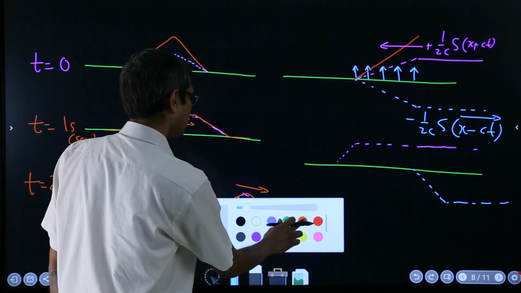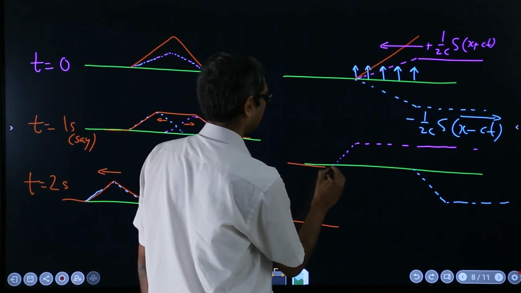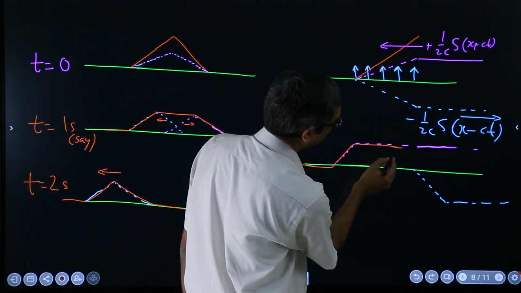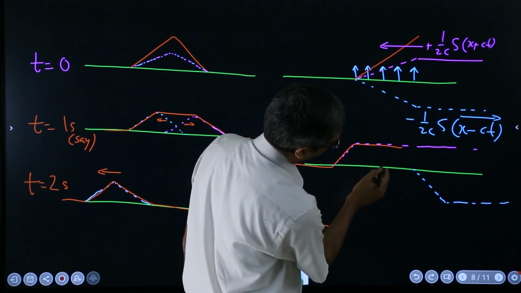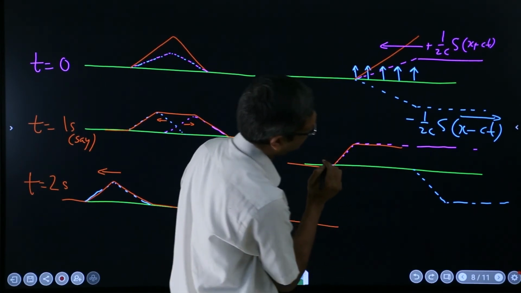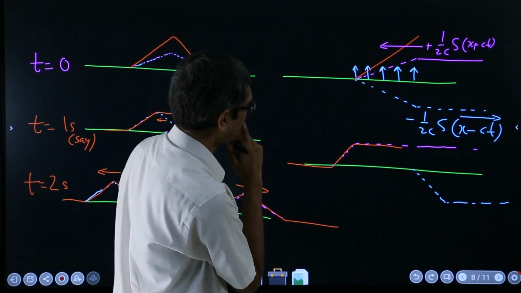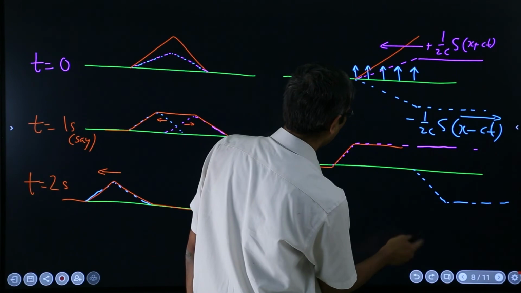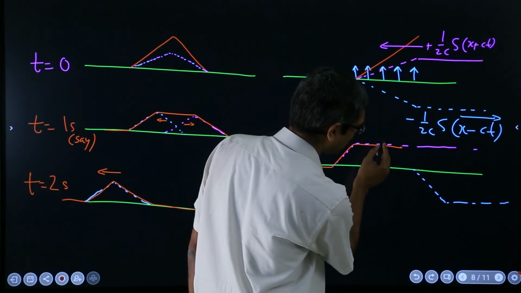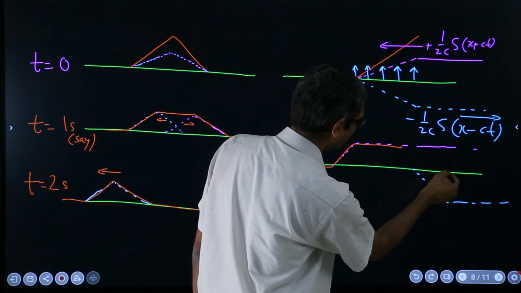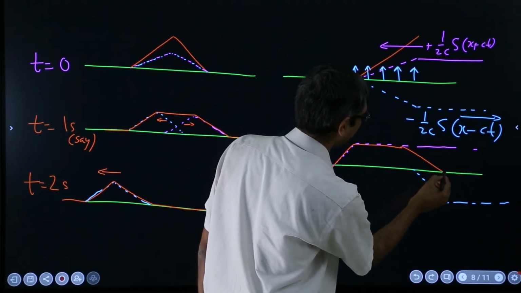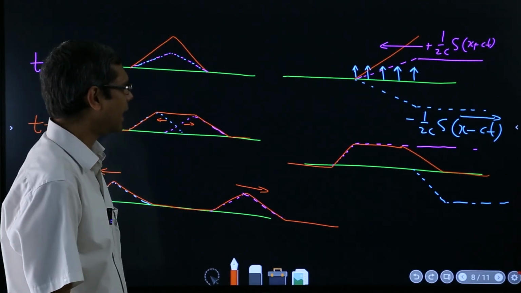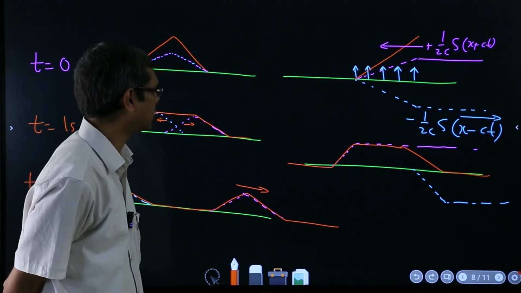So then the combination is, from here up to this point it will go, after here it will start decreasing, but as soon as this point comes it will be 0. And then you can plot the other things.